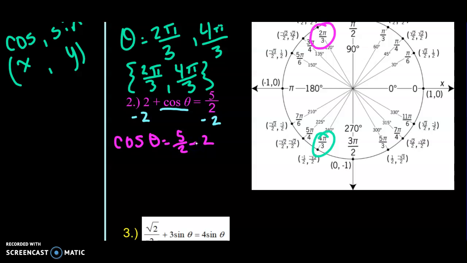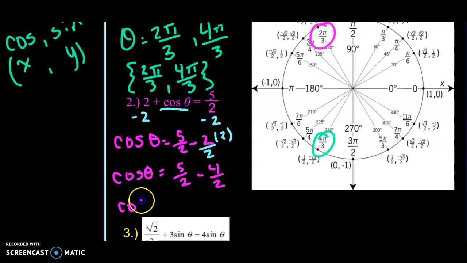But remember, when I subtract fractions, I need a common denominator, or you could just use your calculator. That's fine. My denominator is 2, so I multiply this by 2. Then I have 5/2 minus 4/2, and that is equal to 1/2.